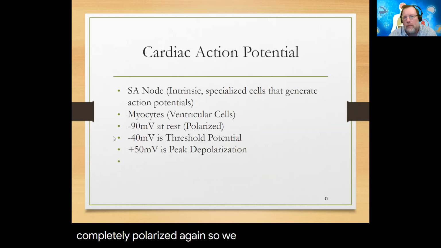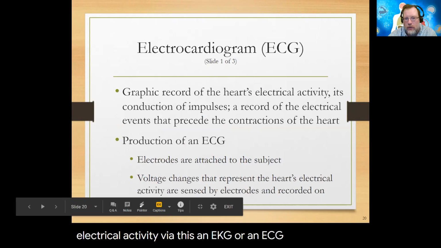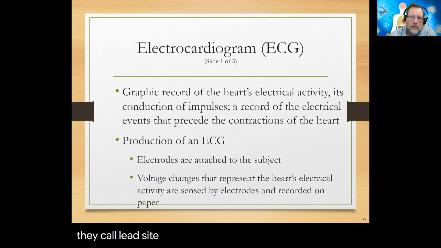So we can measure the electrical activity via an EKG or an ECG. Electrodes are attached to the patient. There are multiple different what they call lead sites, so sites where we can place the stickers and place the wraps if we have them for the appendages.